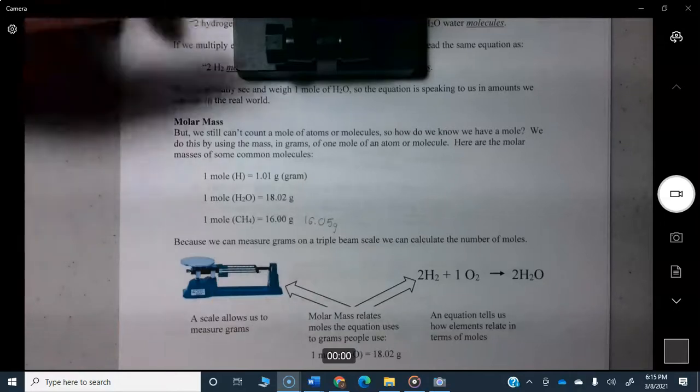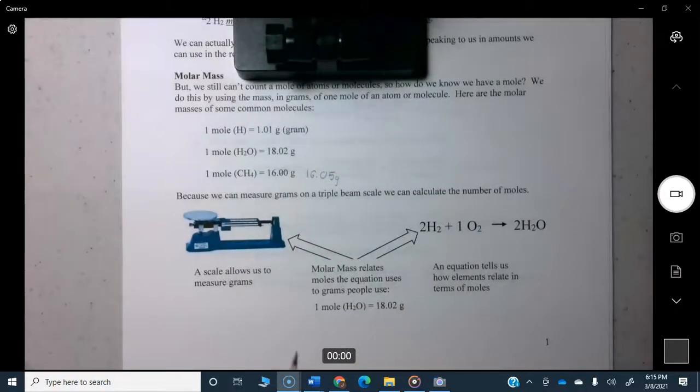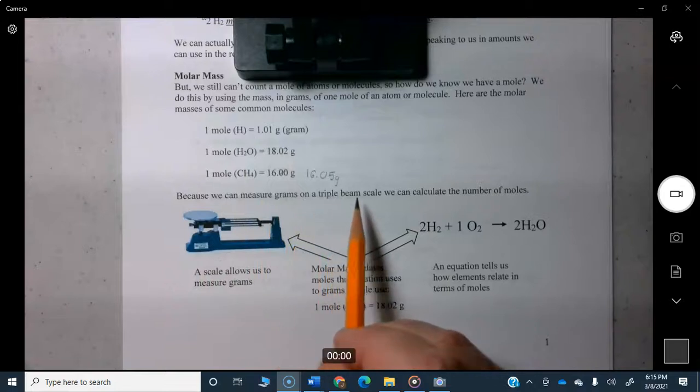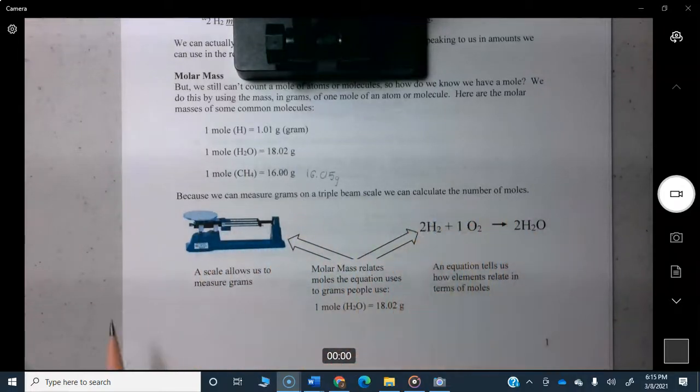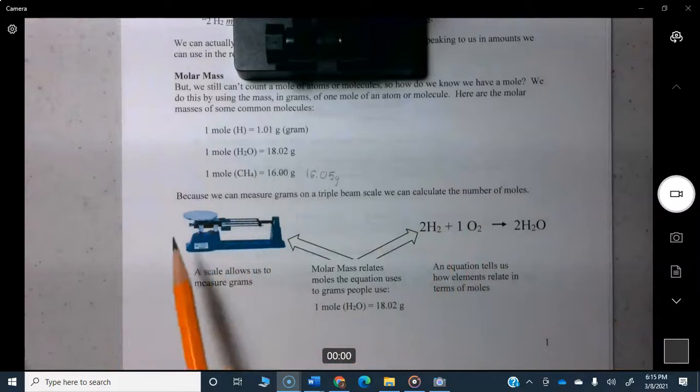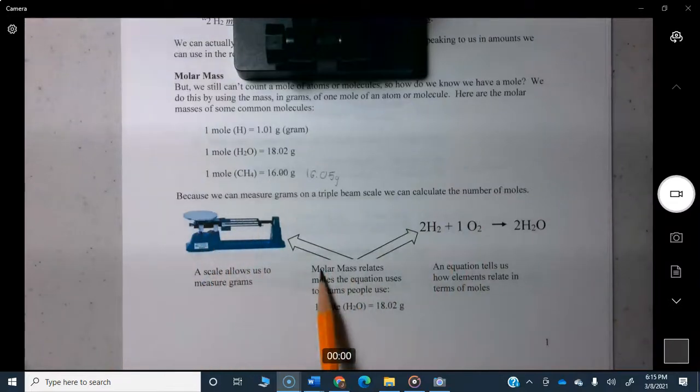Because we can measure grams on a triple beam scale, we can calculate the number of moles. The scale allows us to measure grams. The molar mass relates the moles the equation uses to the grams people use.